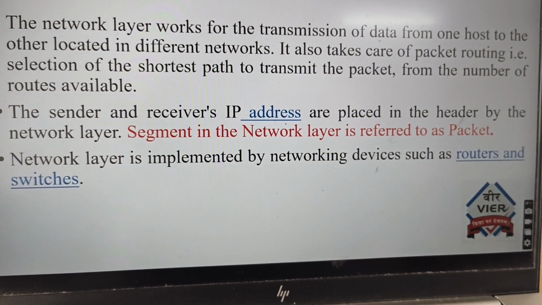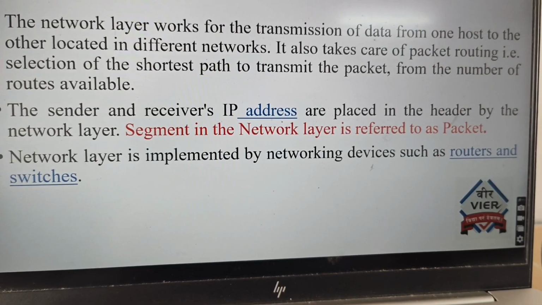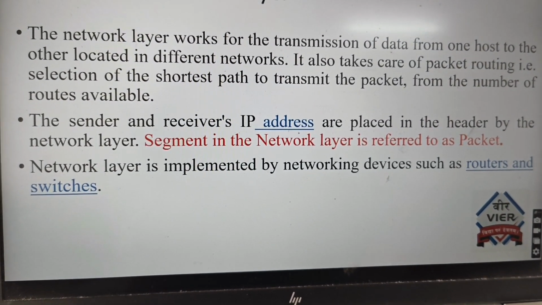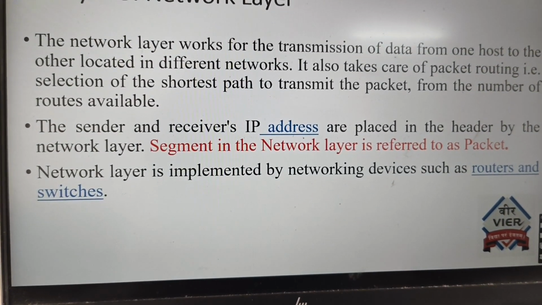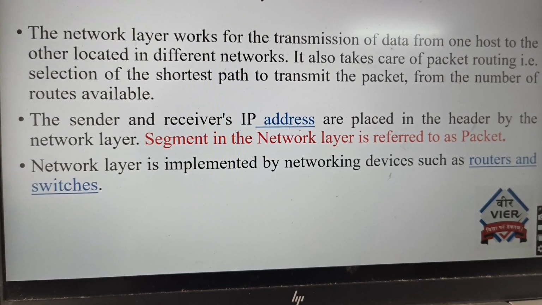The sender and receiver's IP address are placed in the header by the network layer. The segment in the network layer is referred to as a packet. The network layer is implemented by networking devices such as routers and switches.